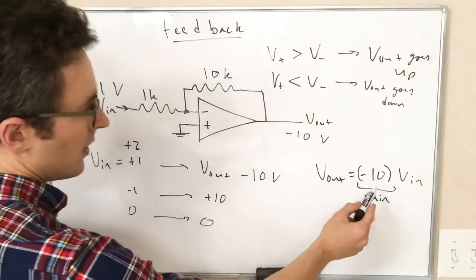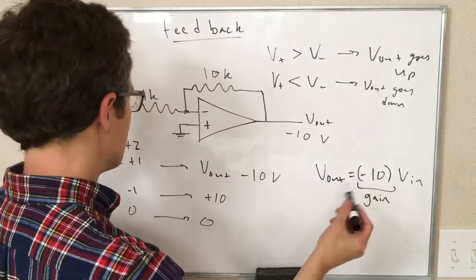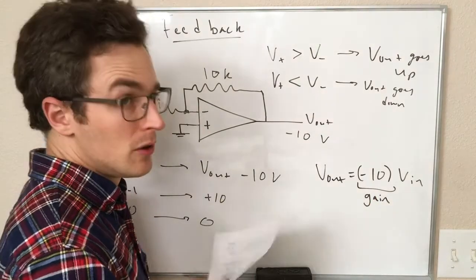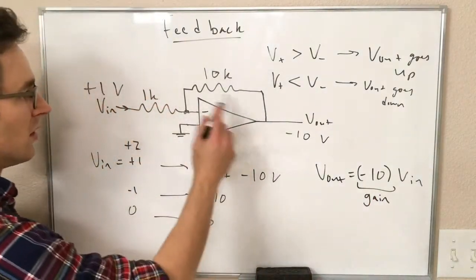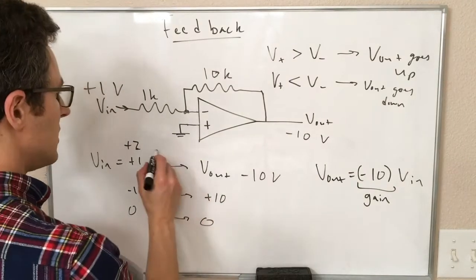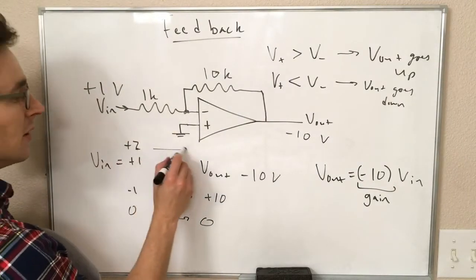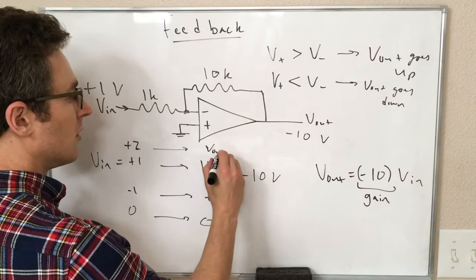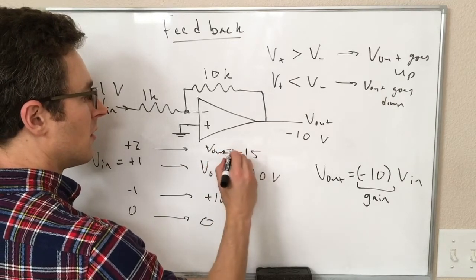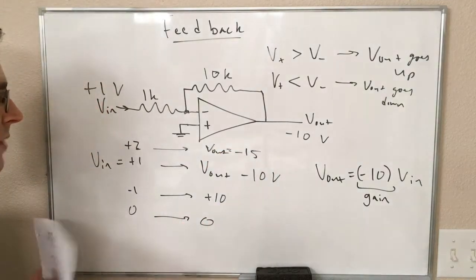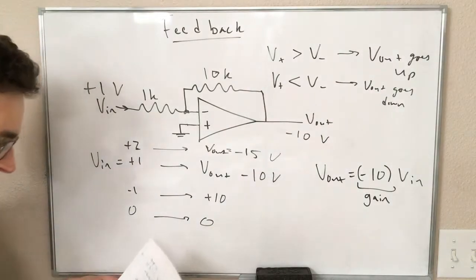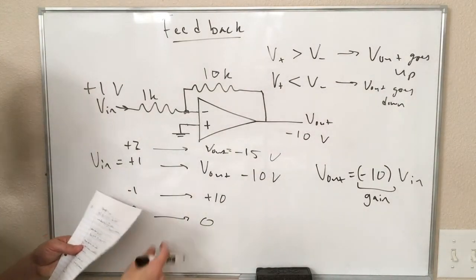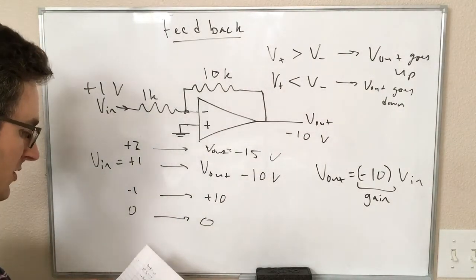Well, the math would say +2 volts times -10 gives us -20. But of course, we can't have -20 volts if our op amp is limited to plus and minus 15. So a voltage of +2 in would only give us an output of minus 15 volts rather than minus 20 volts. So that's what the limits of this looks like.